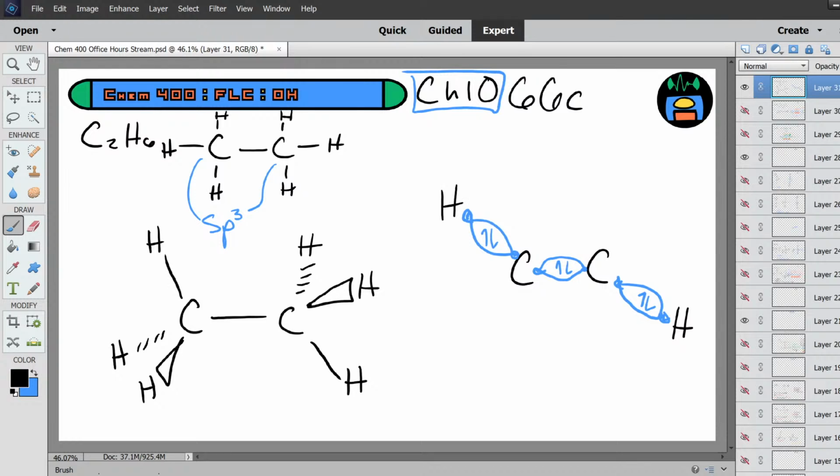Those are all the ones that are in the plane. Now we need a wedged sigma, followed by a dashed.